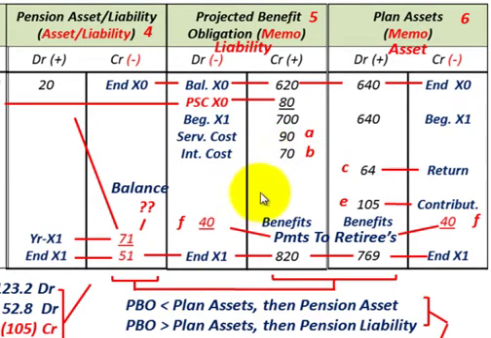And then we can move down here, and this is where there are benefits or payments paid to the retirees. So we debit, or reduce, our PBO, or pension benefit obligation, by, in this case, $40,000 for the year. And then we're going to figure out what our end of year 20X1 is. You just start out with your beginning amount of $700,000.